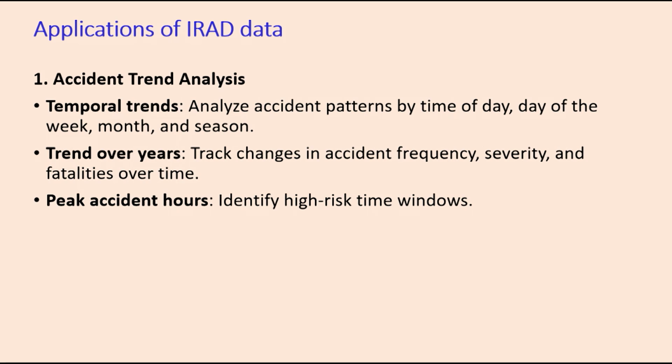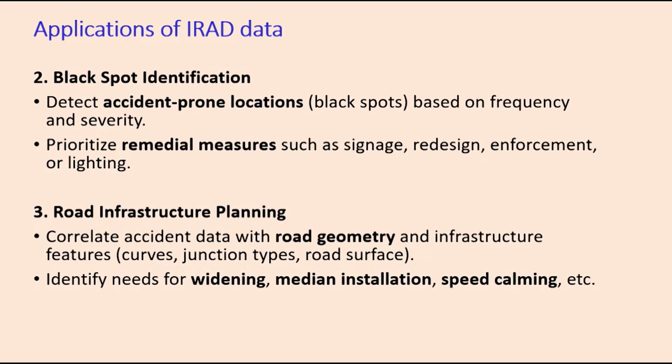Then what can you do with this data? If you have this much data, definitely you need to know what you can do. One of these is trend analysis, which is very basic. Then you can do road infrastructure planning.